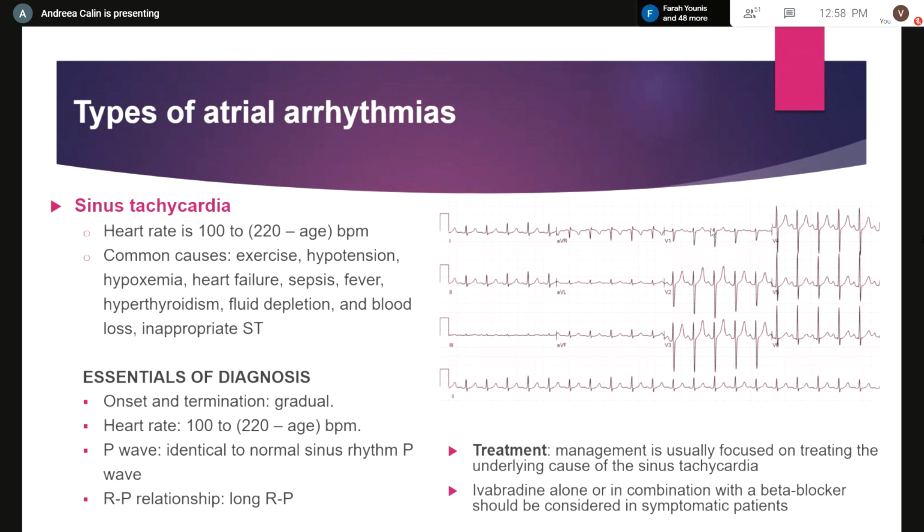So the RP interval is long. The management is usually focused on treating the cause of the sinus tachycardia, and in some patients, when we have inappropriate sinus tachycardia, we can use some drugs in order to alleviate symptoms. Ivabradine is one of them, alone or in combination with a beta blocker, that should be considered in symptomatic patients.